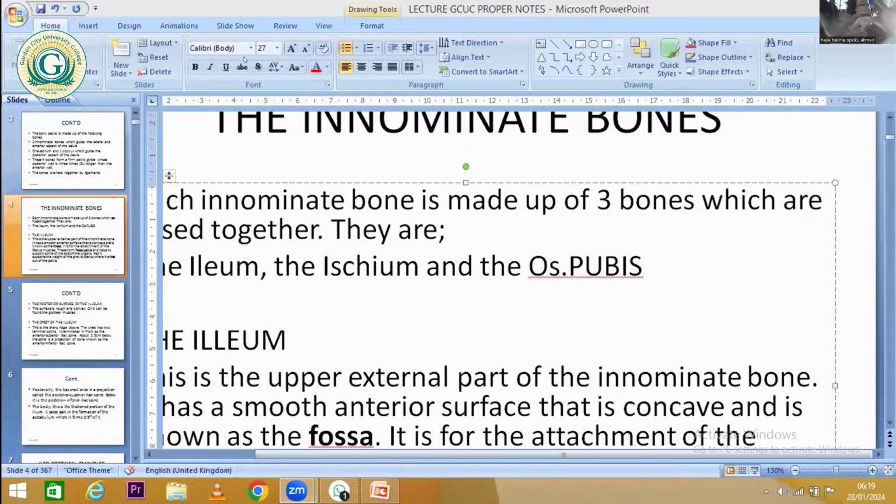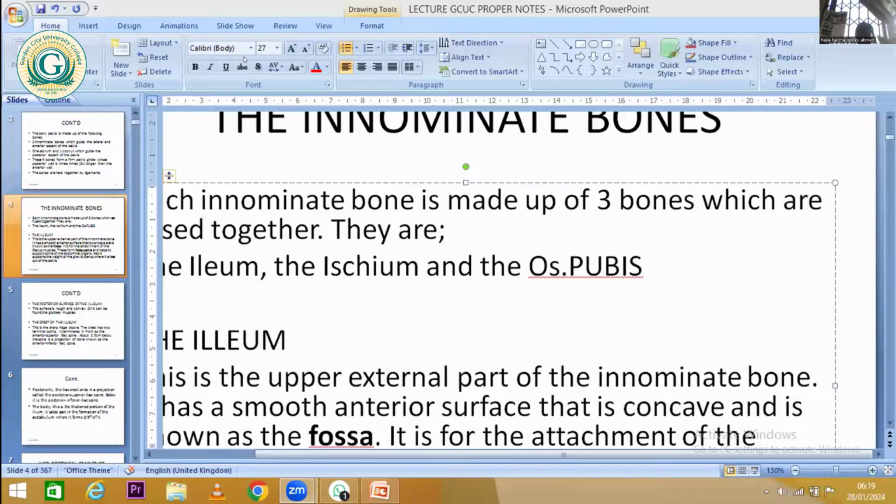So we are going to see what is attached to the part that is called the iliac fossa. What is attached there? So please continue reading.